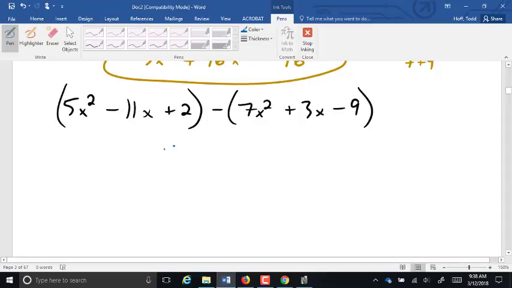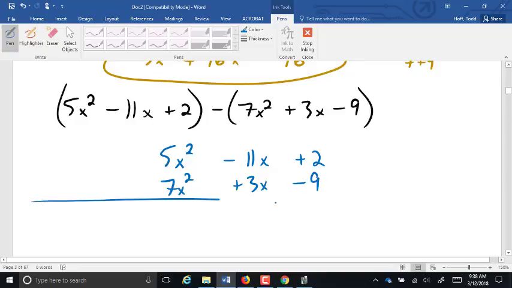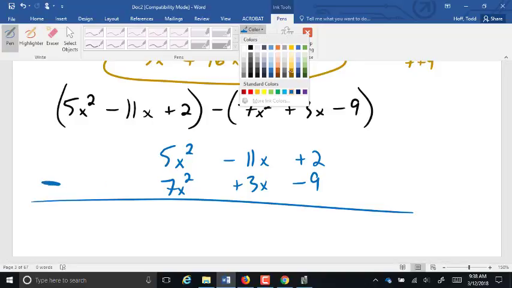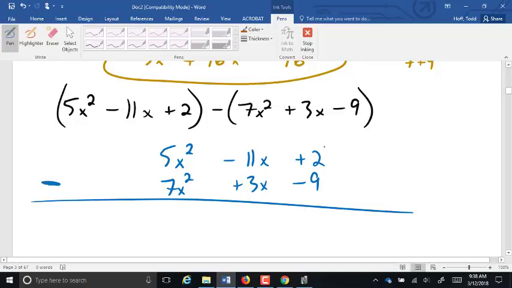Okay, so we'll write this out. 5x squared minus 11x plus 2. The 7x squared goes under the 5x squared. The positive 3x goes under the negative 11x. And the negative 9 ones goes under the positive 2 ones. And we are subtracting. So 2 minus the negative 9 becomes 2 plus a positive 9, which is positive 11.